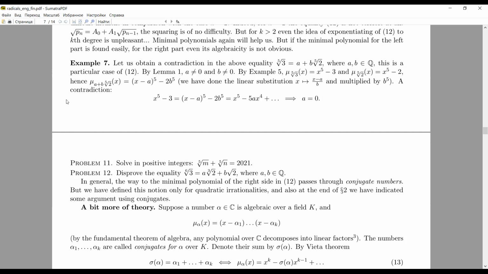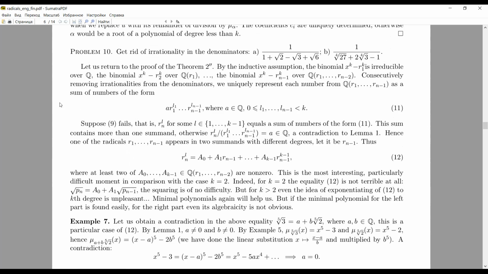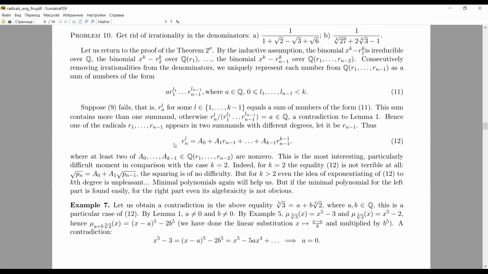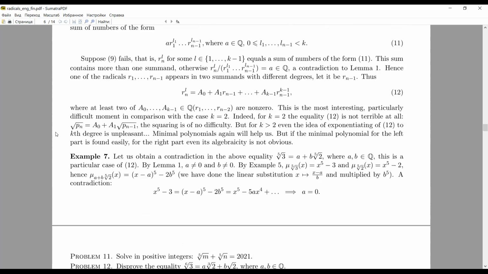In the general case, we need to find conjugates to the right hand side of 12. It's not immediately obvious even that the right hand side is algebraic over k. But how to prove it? In order to prove it, we first find conjugates to this number, and this is the last basic lemma.